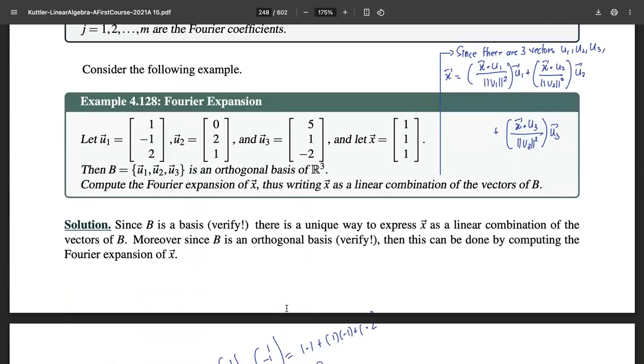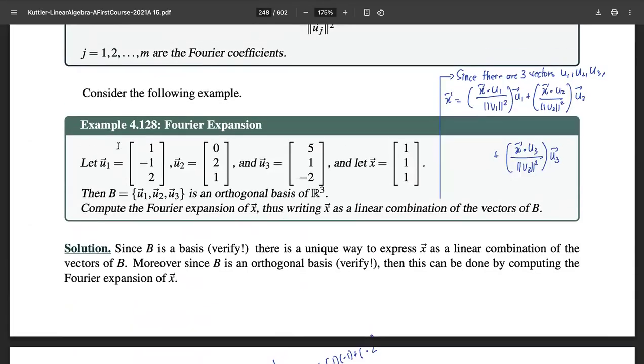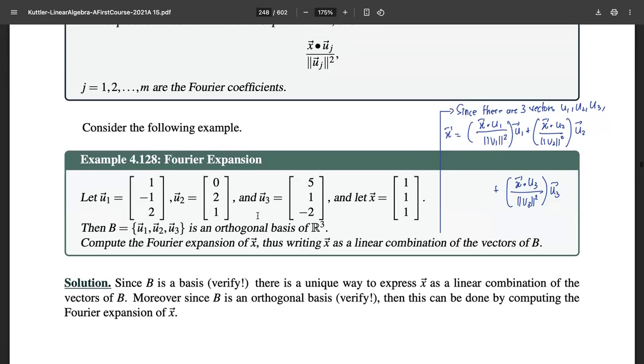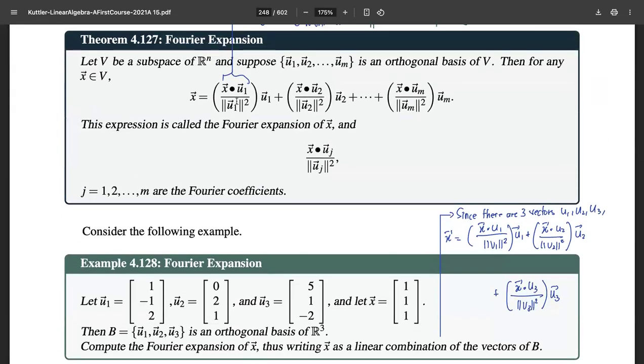As an example, let's say we have this orthogonal basis u1, u2, u3 given by these three vectors here, and we have vector x. I want to find the Fourier expansion of x. By the definition above, since we only have three vectors, I have the projection of x onto u1 times u1.